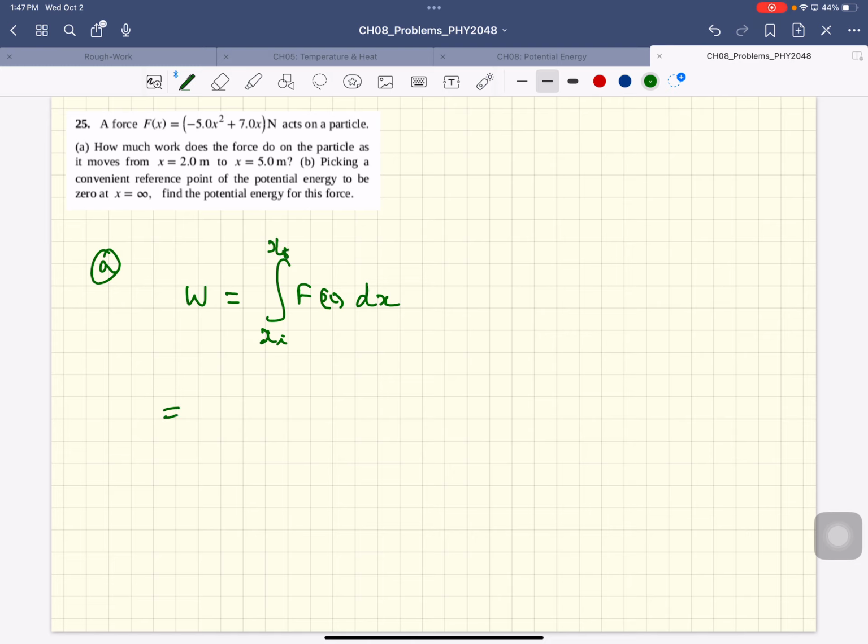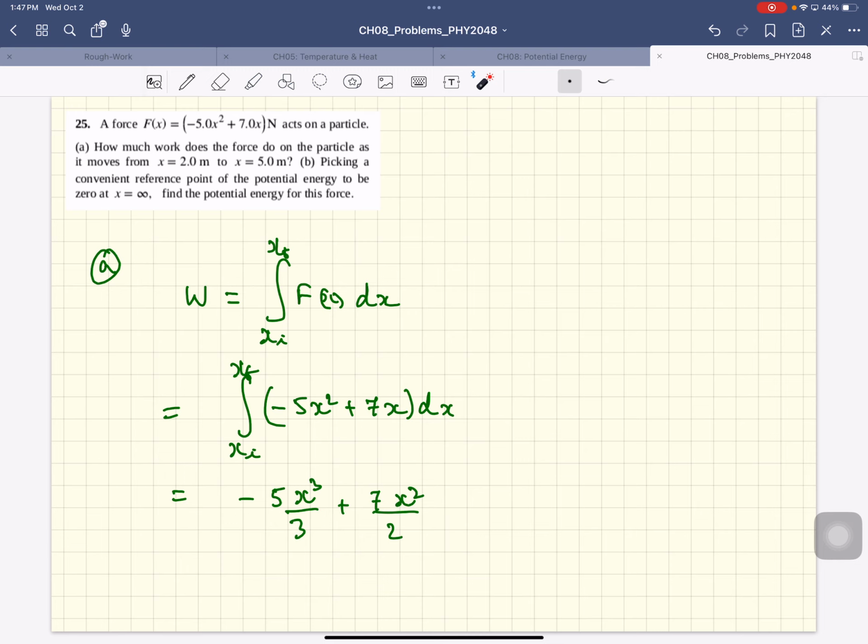And so let's do that integral. So it's minus 5x squared plus 7x dx. So it's minus 5x cubed by 3 plus 7x squared by 2.